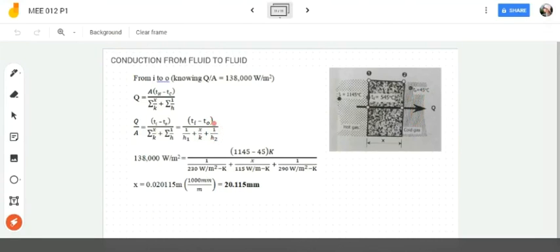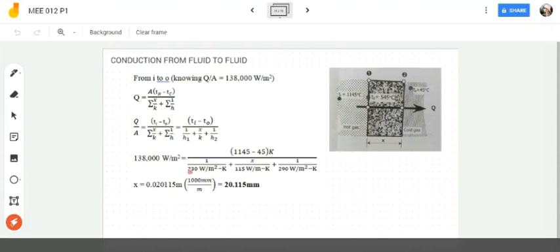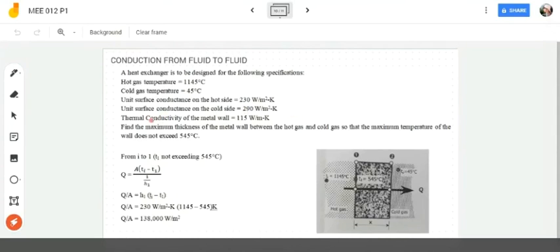We already got the value of your Q over A, which is 138,000 watt per meter squared, over the inside, or the hot side, 1145 minus To, which is 45. That is the change in temperature. Then 1 over H1, where H1 is 230 watt per meter squared Kelvin given a while ago. Your thermal conductivity is 115 watt per meter Kelvin.